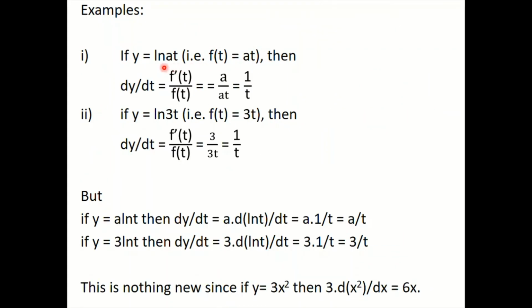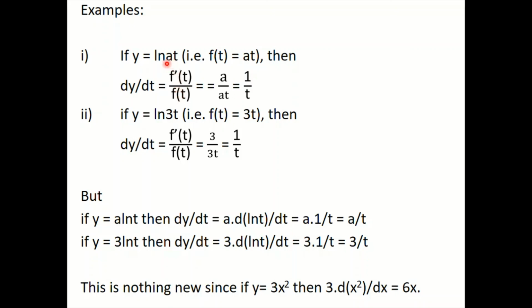Let's work through some examples now. If we have y equal to the natural logarithm of at, where at is our function of t, so finding the derivative of y with respect to t, when we are finding the derivative of a natural logarithm and we have a function of t, remember we have to find the derivative with respect to t of f of t, and then we have to rewrite f of t in the denominator as it is.